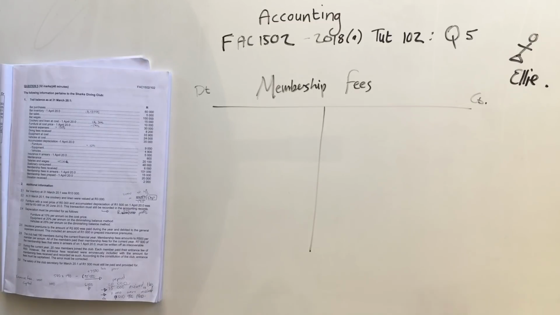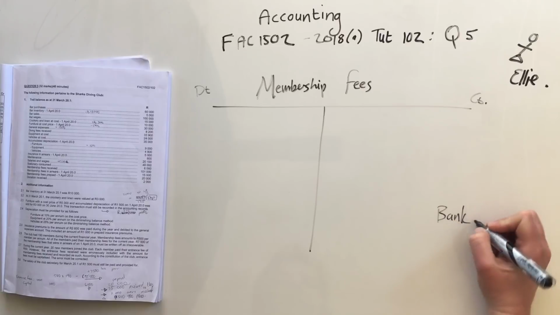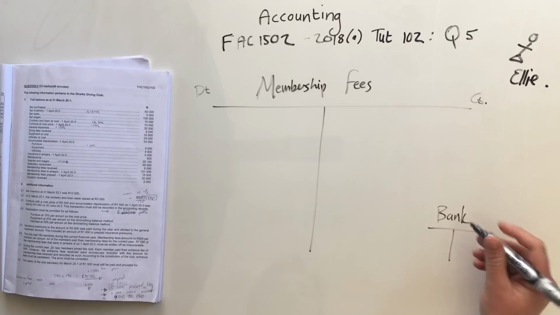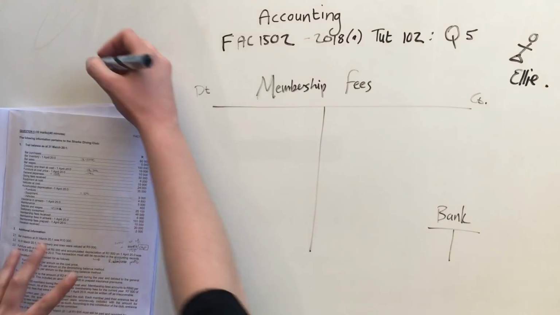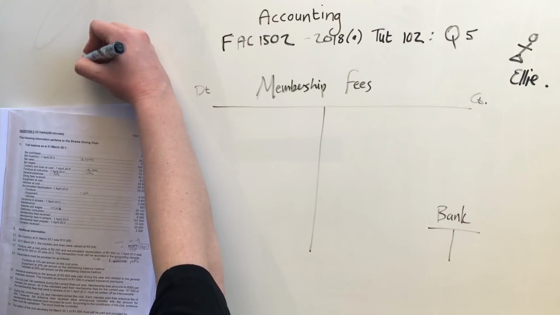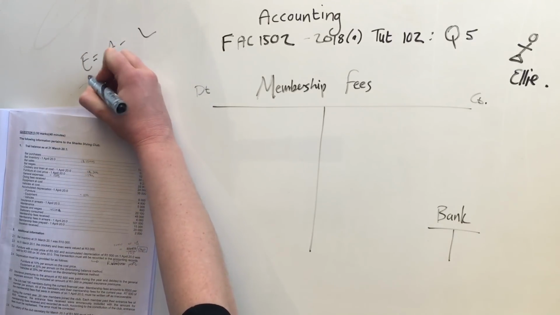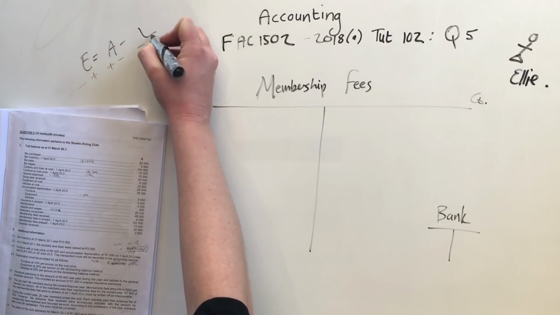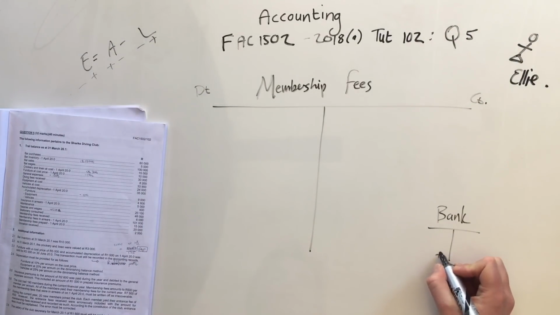Remember when we spoke about T accounts, we said start with bank, like a little bank just to give us direction. We also need our crib notes: equity equals assets minus liabilities, with minus plus plus minus minus plus. Bank is an asset, so it pluses on this side.